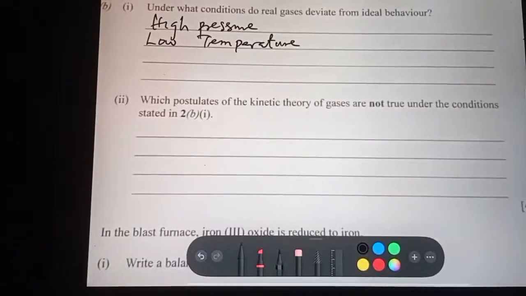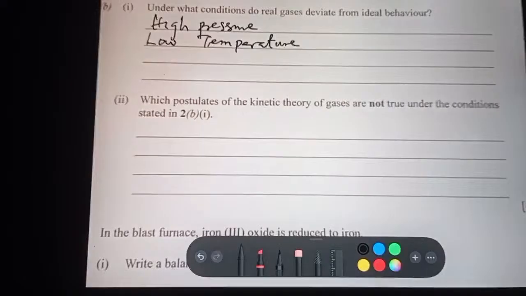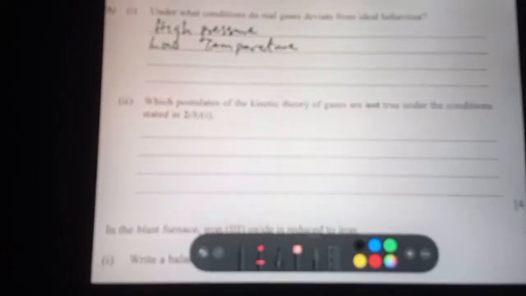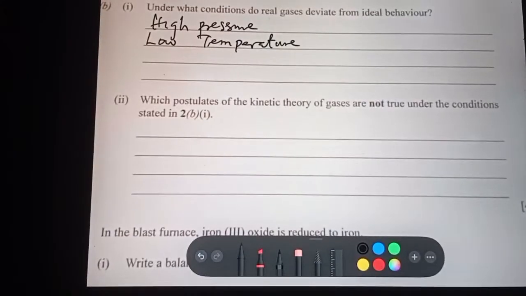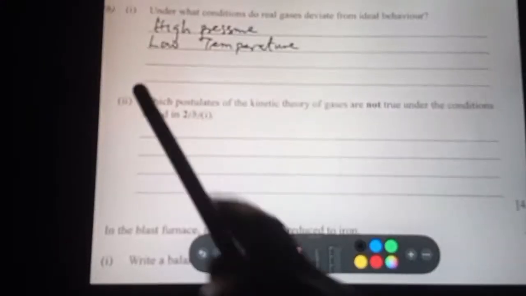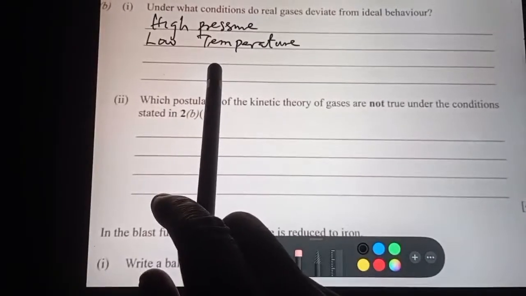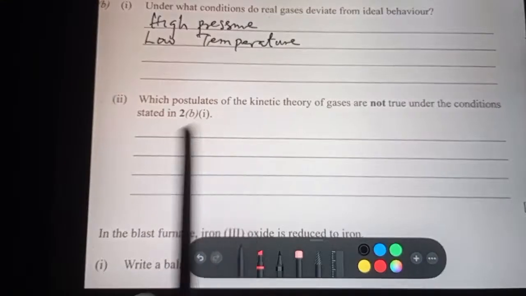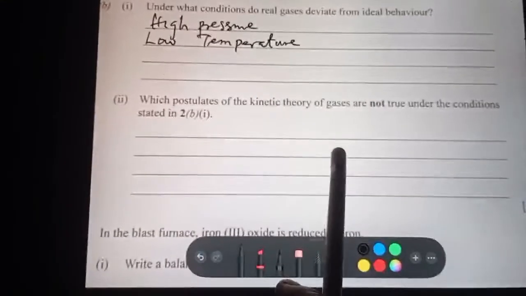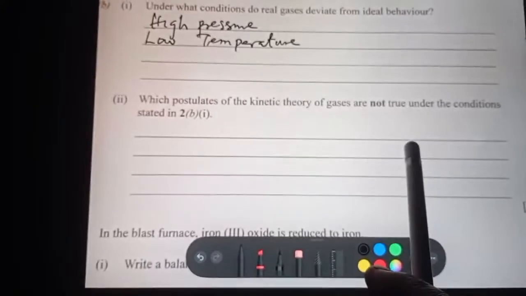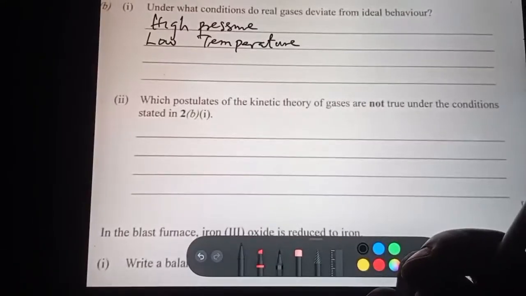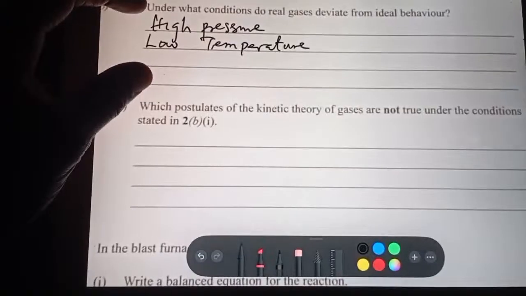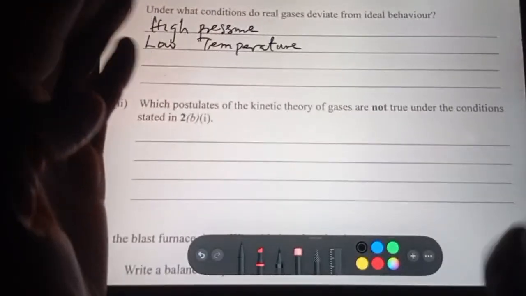Now, which postulates of the kinetic theory of gases are not true under the conditions stated? Exactly this thing I say. The postulate is that the gas molecules are in constant random motion, colliding with one another. It is no more in constant random motion here. They have been compressed. Another statement is that the force of attraction between the gas molecules themselves is negligible. It is no more negligible here because they have been compressed.